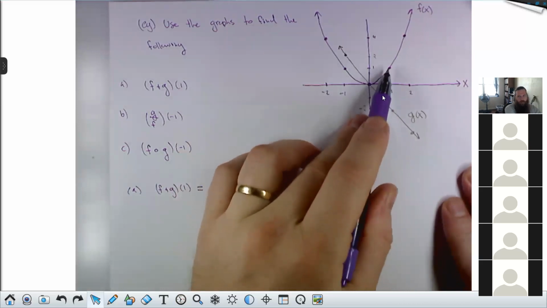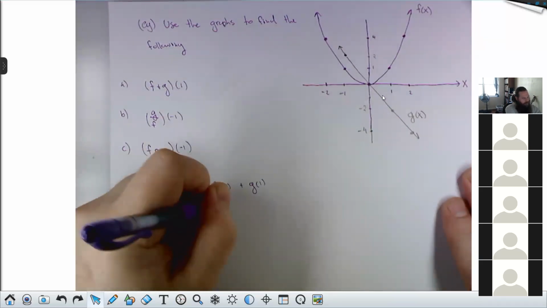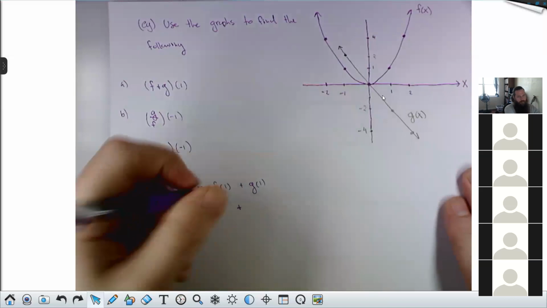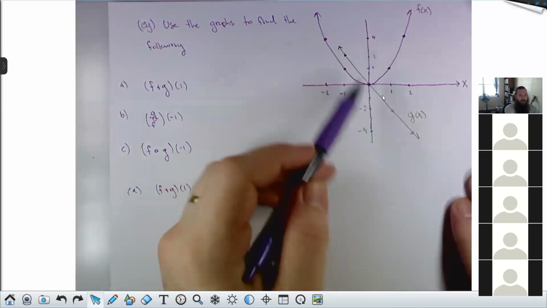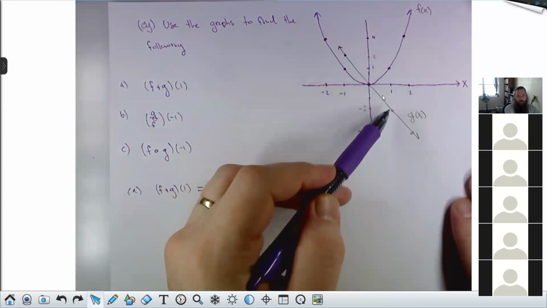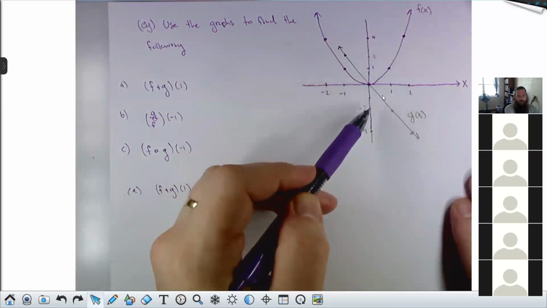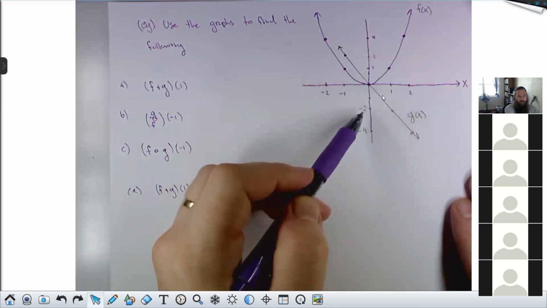So f of 1 is 1. Plus, what about g of 1? If I look along the graph of g of x here, when x is equal to 1, g of x is equal to -2. So g of 1 is -2.